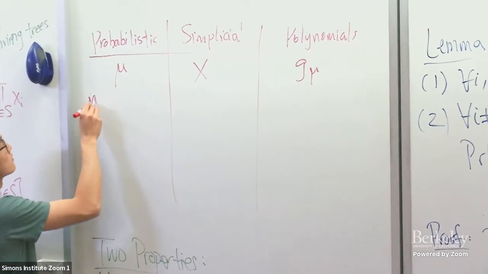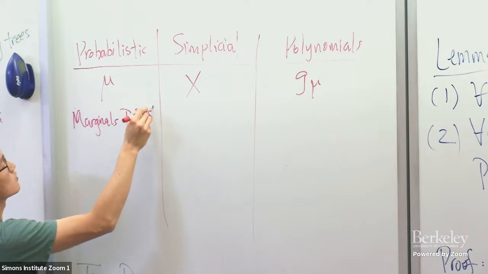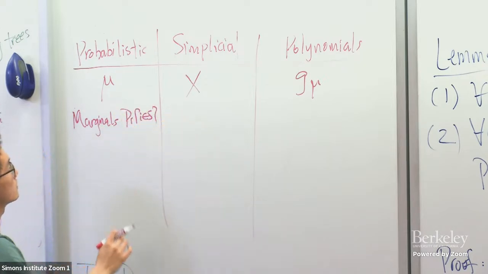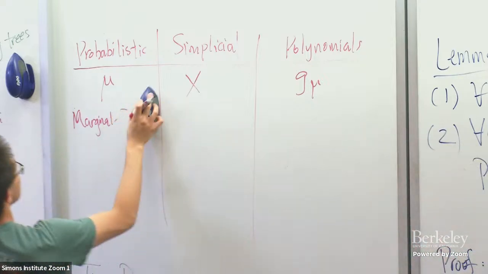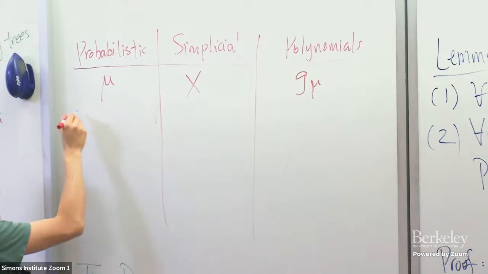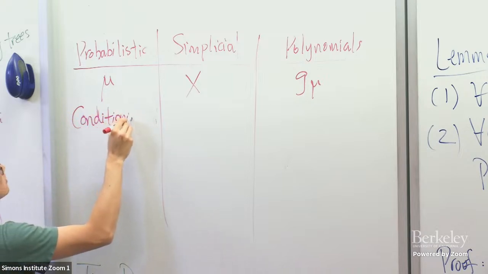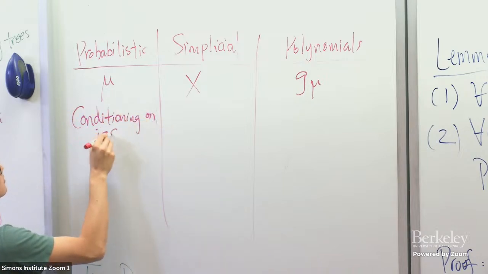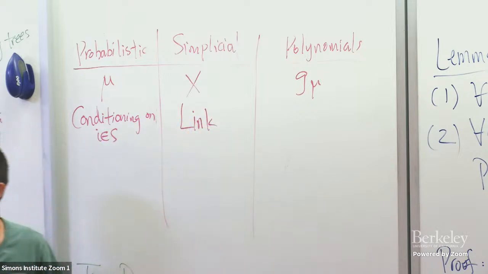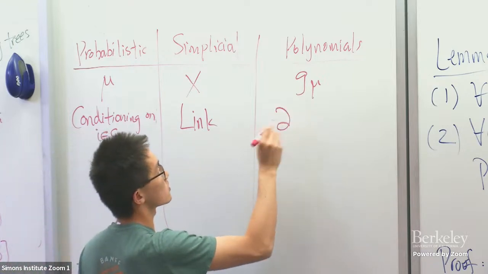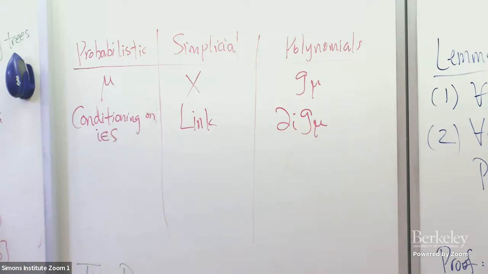Look at the marginals. So maybe I should say, instead of marginals, we say conditioning on, say, i being S. This is really the same thing as taking a link in the corresponding simplicial complex, and in polynomials, as we just saw, it's like we take the derivative, differentiate.